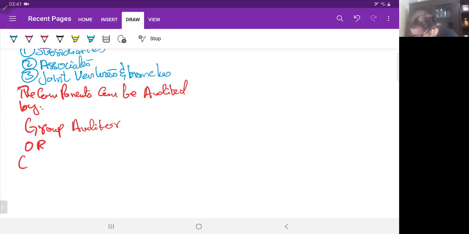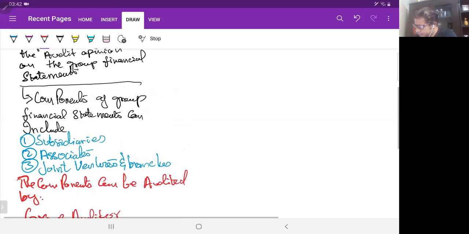So far, so good. In addition, the group auditor will form an opinion on the parent company's individual financial statements as well as on the group consolidated financial statements, right? So far so good.